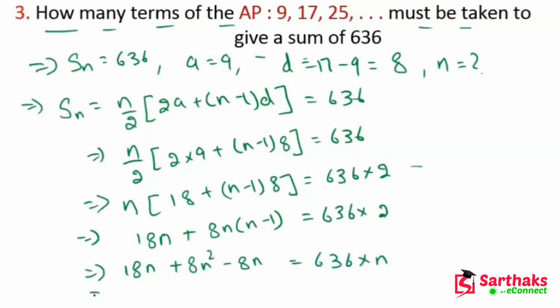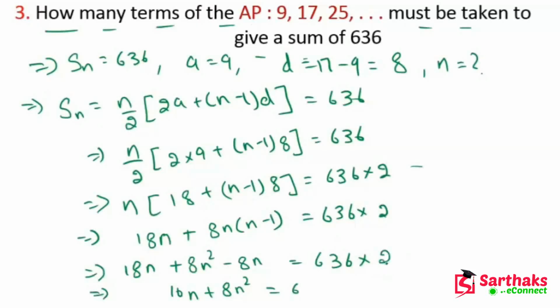Now if we subtract 18n minus 8n, we get 10n plus 8n square, which is equal to 636 into 2. Here it is 2, not n.